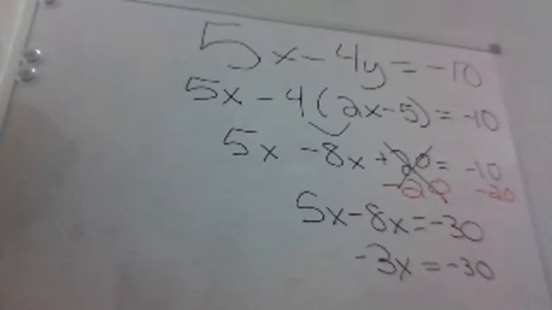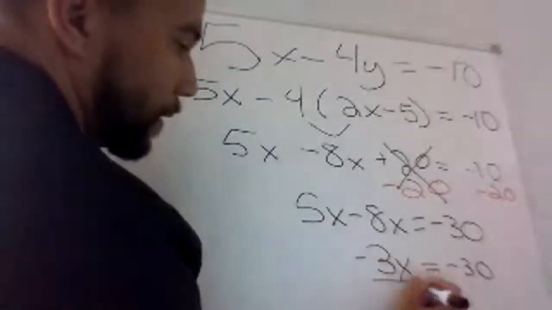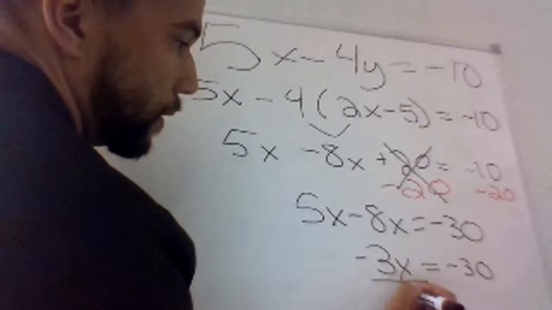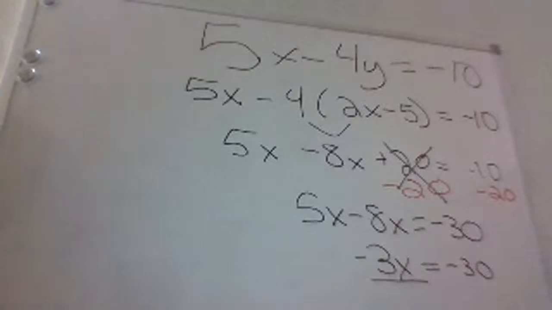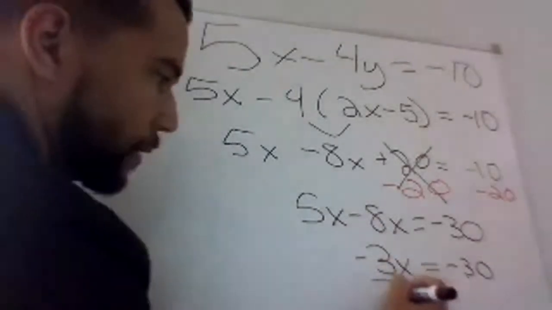This is where I messed up. When I divided by 3, instead of positive 10, I got negative 10. Okay, but what kind of 3 are we dividing by? Negative 3.